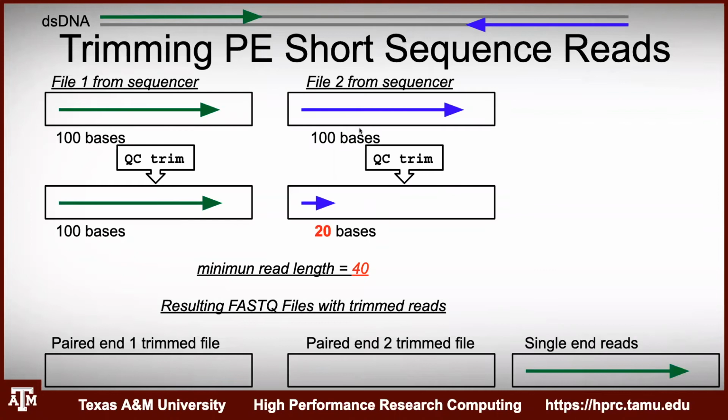But if you get below a certain threshold, then the trimming program should write this to a single-end file. So you end up with 3 separate files: the ones corresponding to the reads that maintained pairs, so that are still properly paired, and then additional reads whose mate was lost.